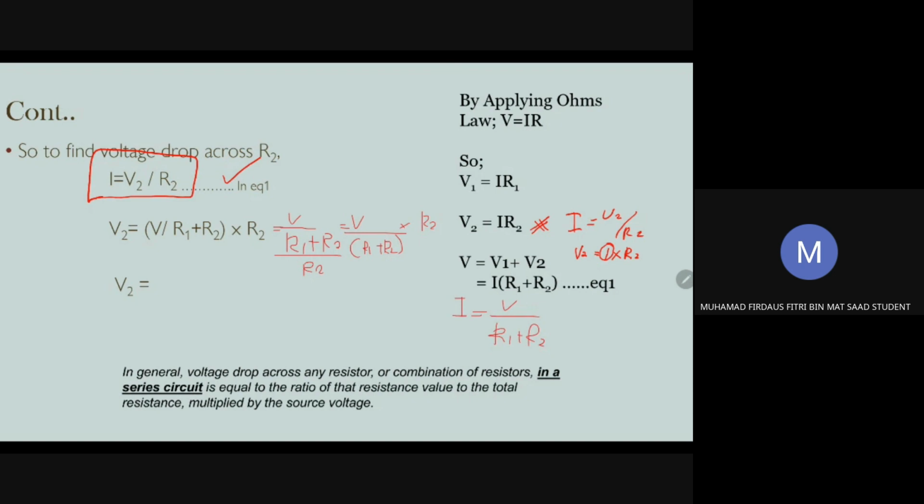So the I here, you can use I over here. I equals V over R1 plus R2. So V over R1 plus R2 times R2. Why times R2? Because V2 equals I times R2, and I is equal to V over R1 plus R2.